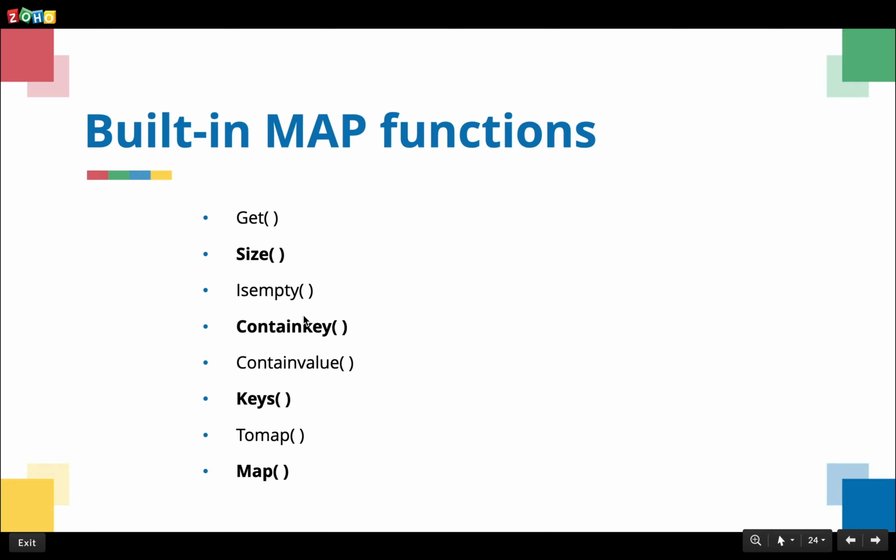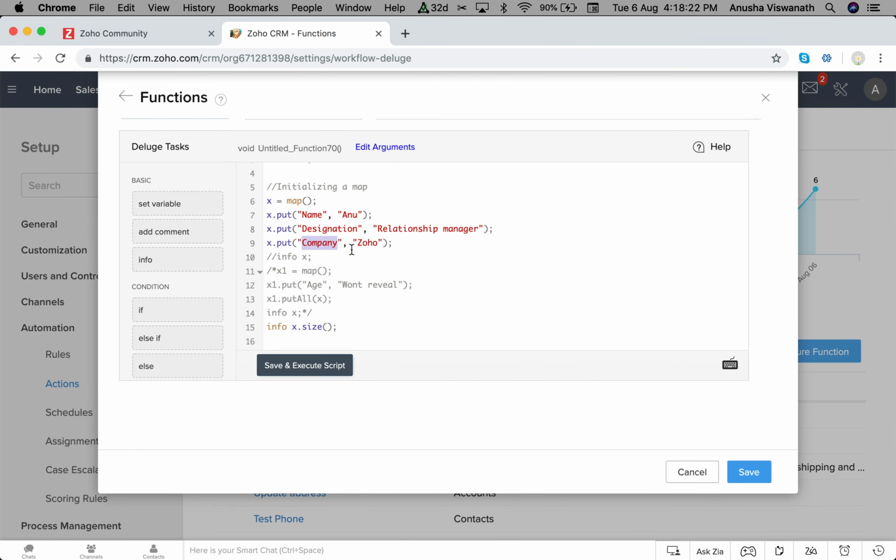Then we have is empty. It's the same is empty as list. Contains key. Now this returns a Boolean value, which is true or false, if a map contains a specified key, right? For example, I want to search and see if we are storing the information company anyway, right?